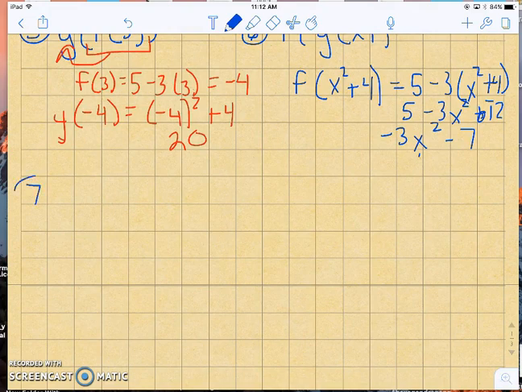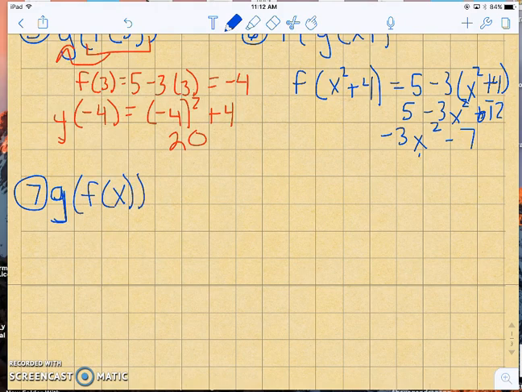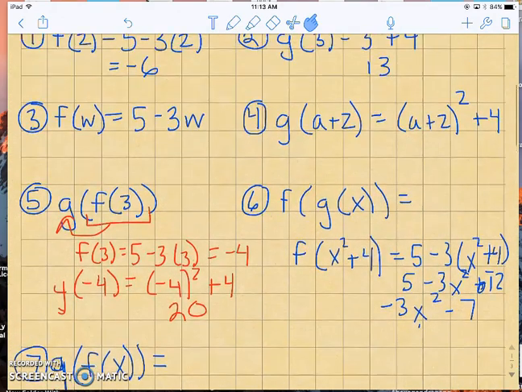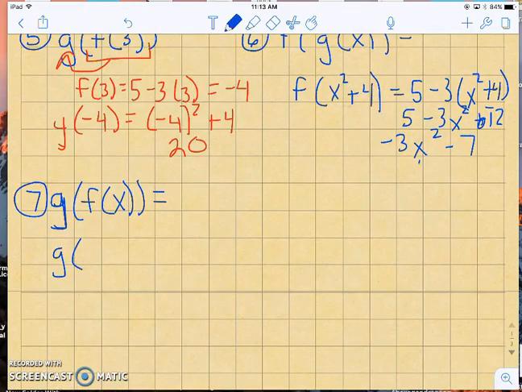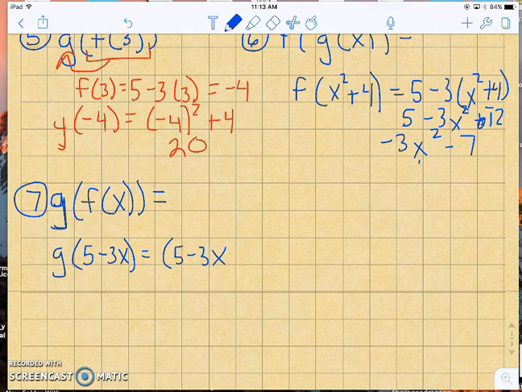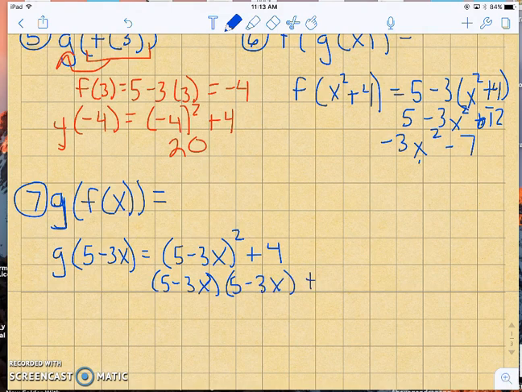So number 7 here, let's take a look at g of f of x. Into the g function, we're dropping the f, so this is really g of, what was our f of x function? 5 minus 3x. So it was x squared plus 4, so now it's 5 minus 3x squared plus 4. And then we should expand this out, so this becomes 5 minus 3x times 5 minus 3x plus 4.